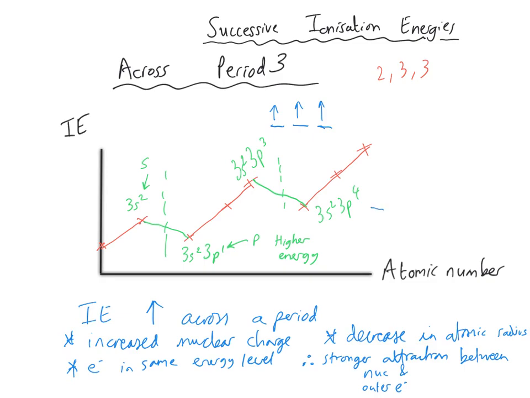Whereas down here, this 3p4, we've obviously only got room for 3 electrons to occupy singly, and so the fourth one has to pair up. And because of this thing called double occupancy, these electrons are easier to remove. And that's the reason for that second dip as we move across period 3.